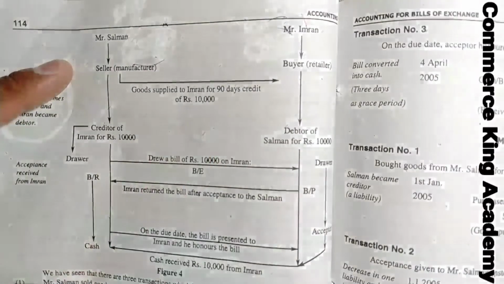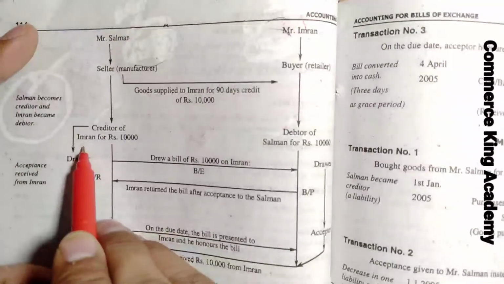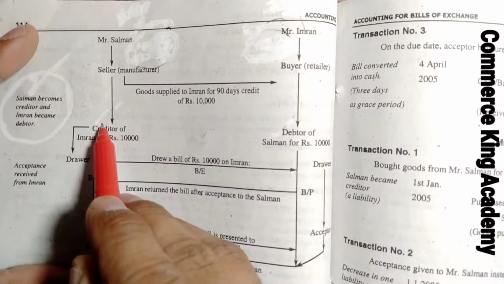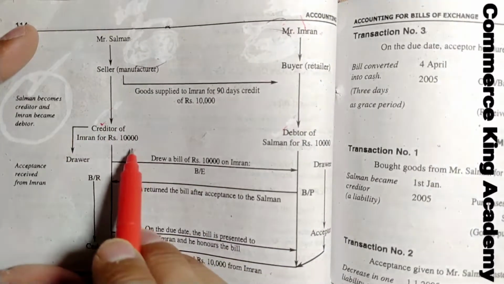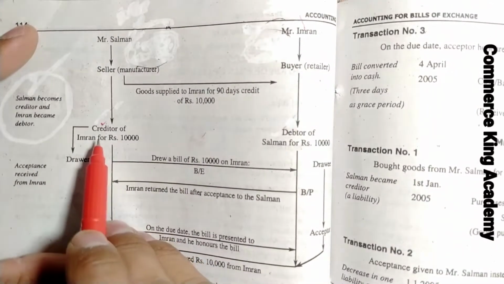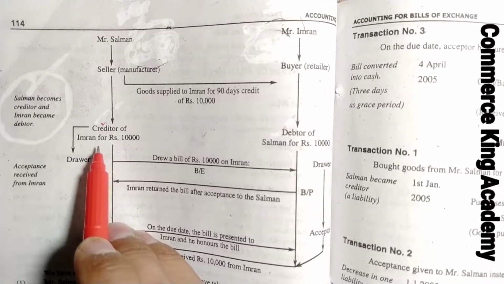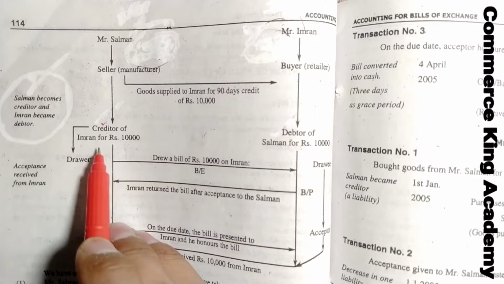So what happened next? Salman is the creditor of Mr. Imran for 10,000 rupees. Creditor means any person or institution who lent money, or lent value in the context of money, to another person, just like banks.